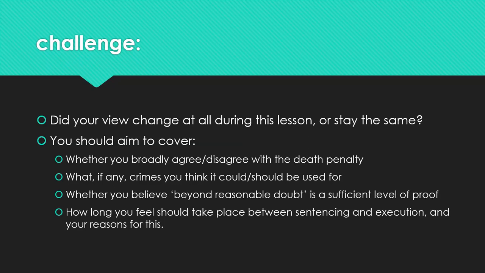In your paragraph, you should be aiming to cover whether you broadly agree or disagree with the death penalty. What, if any, crimes do you think it should or shouldn't be used for? What you believe beyond reasonable doubt is a sufficient level of proof, and how long you feel should take place between sentencing and execution, and give your reasons for this.